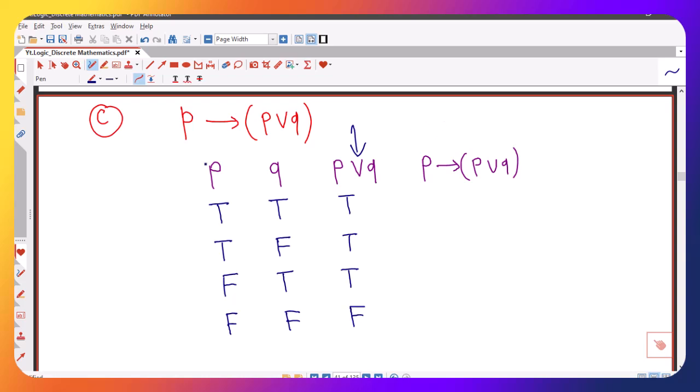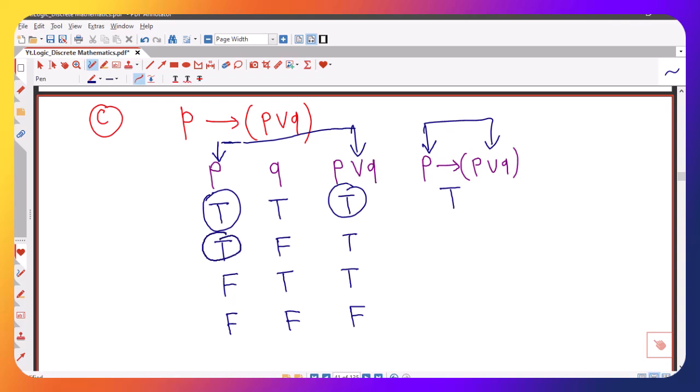And now we consider the conditional statement P implies P or Q. We know that this is false if P is true and P or Q is false. So here P is true, P or Q is true, therefore this is true. Here P is true and P or Q is also true, therefore this is true. And here P is false, so this is going to be true.